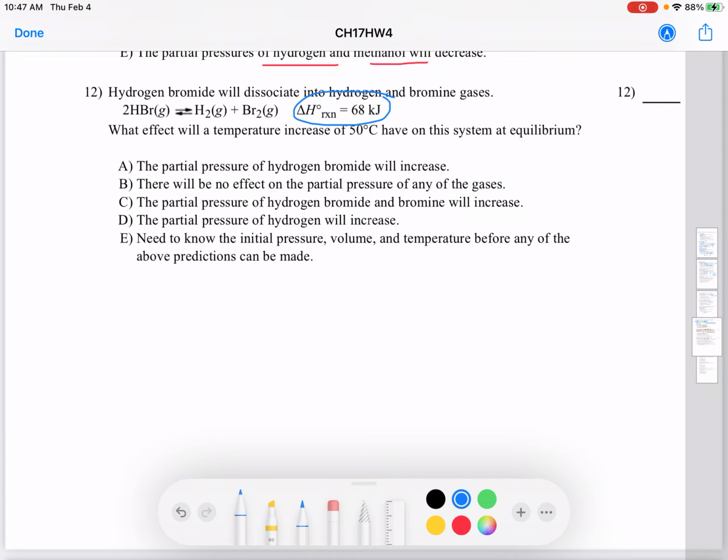Delta H is positive, right? Meaning your products are high in energy compared to the reactants. Remember how we draw the potential energy diagram? So this is the energy and this is the reaction coordinate. In an endothermic reaction, your reactants come to the transition state and then the products.